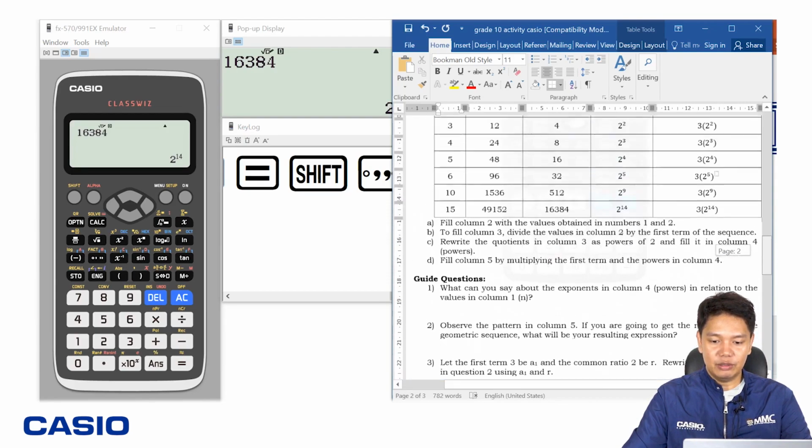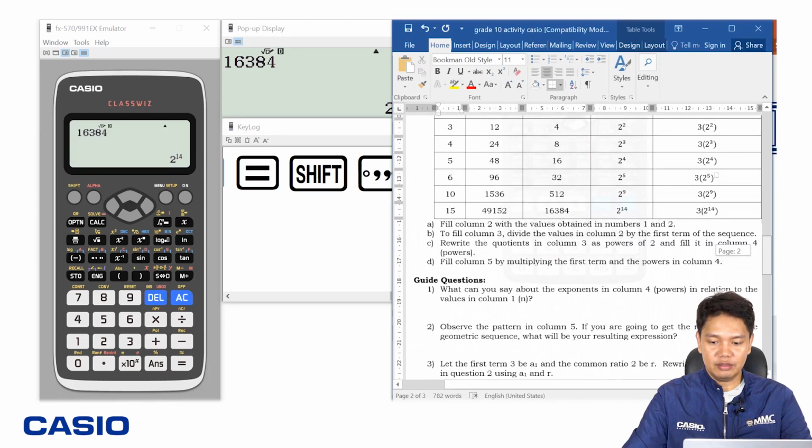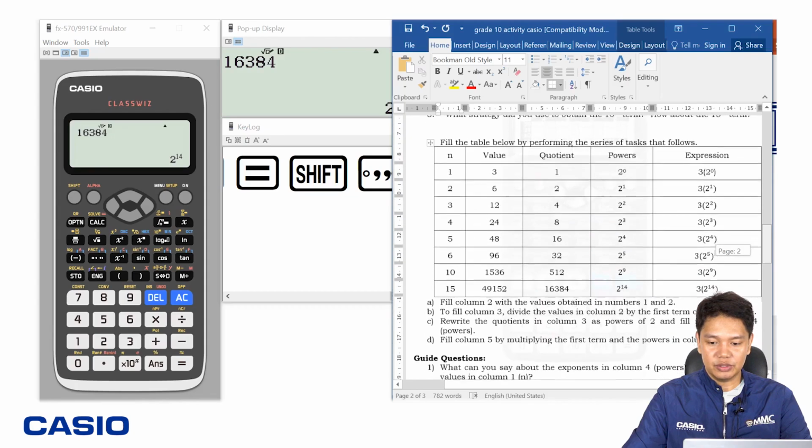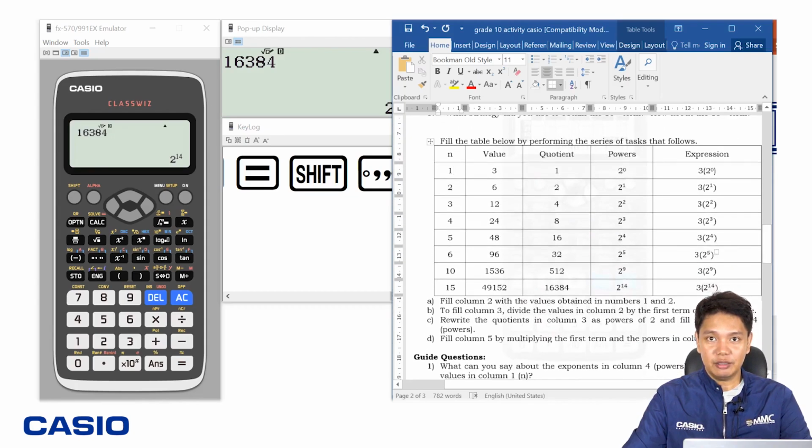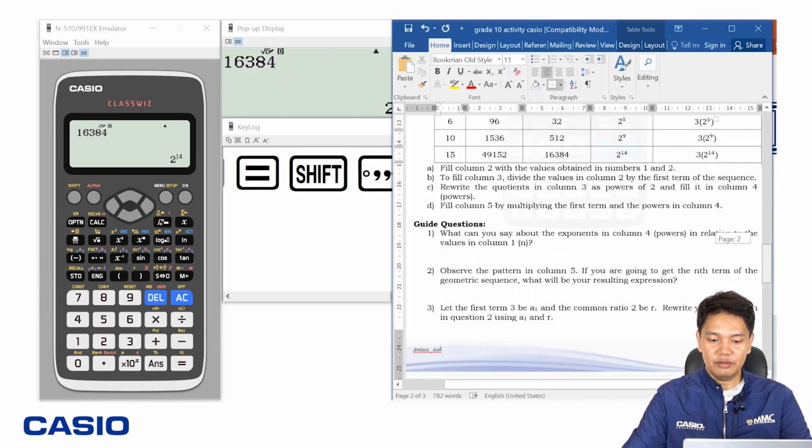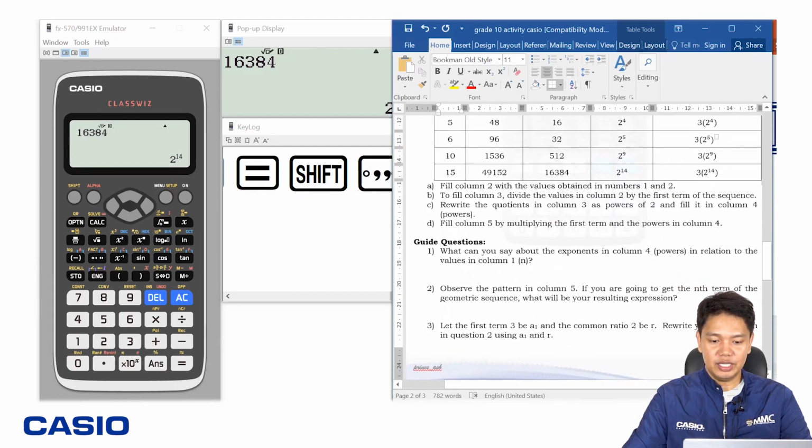Observe the pattern in column 5. If you are going to get the nth term of the geometric sequence, what will be your resulting expression? So that will be 3 times 2 raised to n minus 1. And then for guide question number 3, let the first term 3 be a sub 1 and the common ratio 2 be r. Rewrite your expression in question 2 using a sub 1 and r.